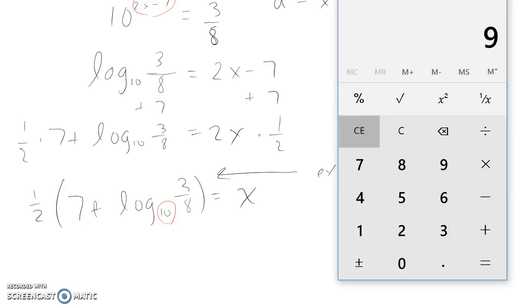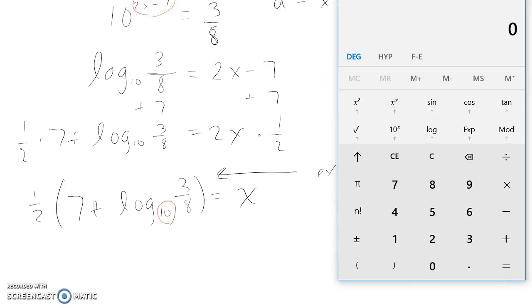Okay, we're ready to take a calculator and evaluate this entire expression. The first thing I'm going to do is the log. Oh, look at this. I don't have a log. Well, let me change the type of calculator I have to a scientific calculator. There we go. Now notice I have this key log. This log here is log base 10.